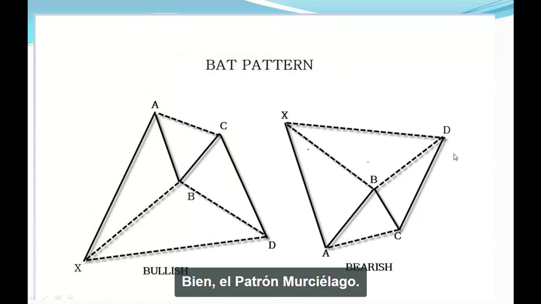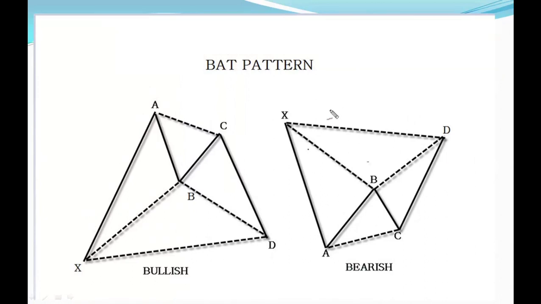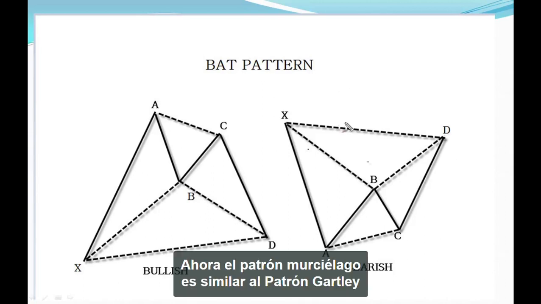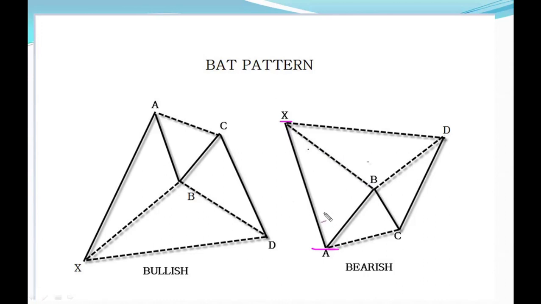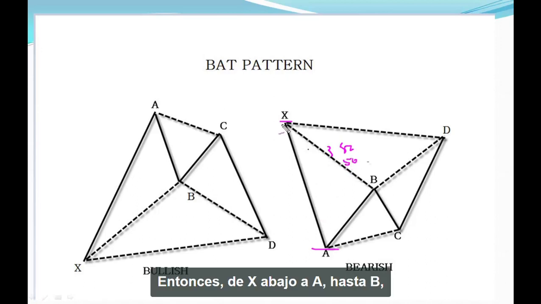Okay, the bat pattern. Now the bat pattern is similar to a Gartley pattern in that this X down to A up to B is a 38.2 to 50% retracement, and that should stop it right there.